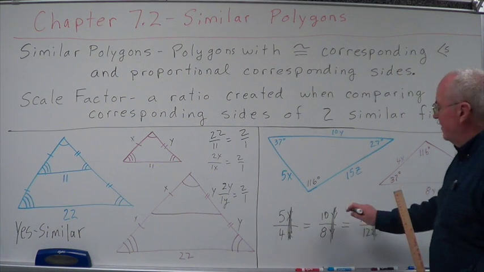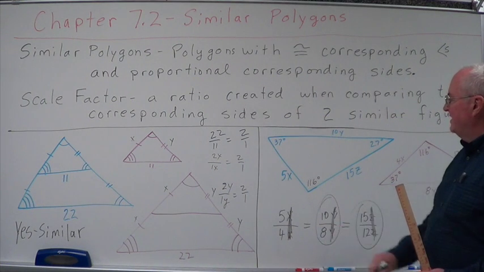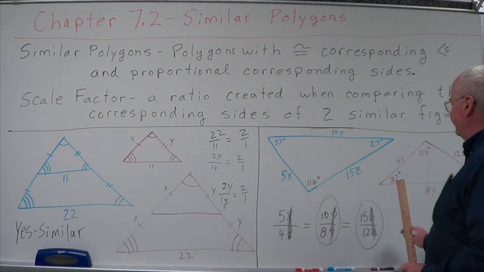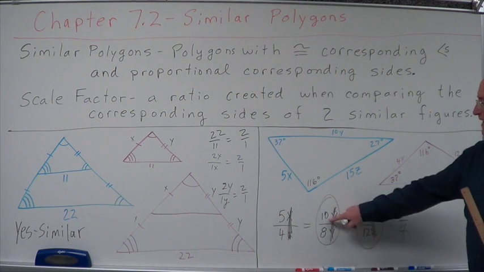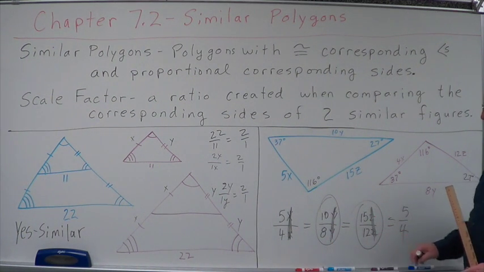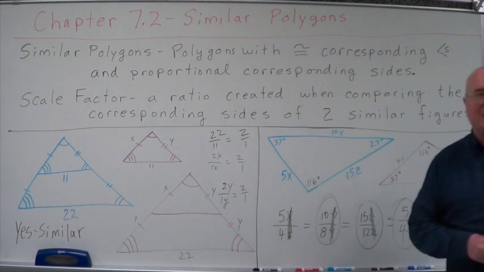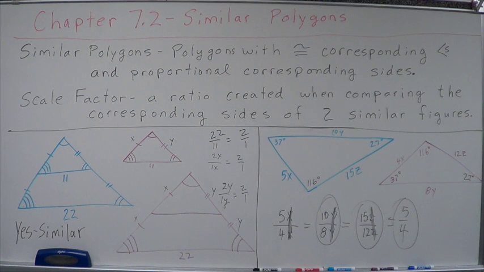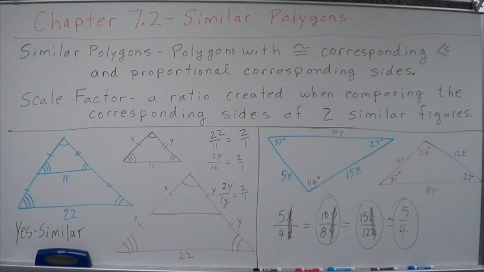Okay? Now, what happens to this one and this one? This is 5/4. If we take 2's out of that, what do we end up with? If we take 3's out of this, divide this by 2, 5/4. Divide this by 3, 5/4. So all of the sides are proportional, they equal 5/4. 5 to 4. Okay? Scale factor between the two. 5 of these and 4 of these.